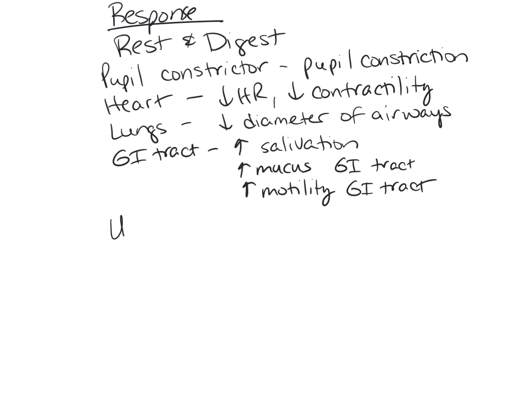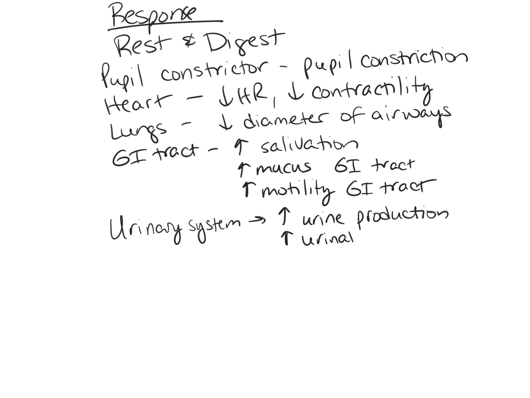You think about the urinary system, and you'll have an increase in urine production and an increase in urination. So to get that, you have a relaxation of the sphincter muscles. The other thing you have in the GI tract is an increase in defecation.